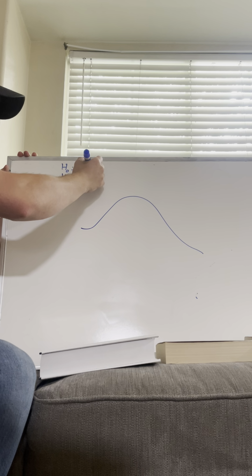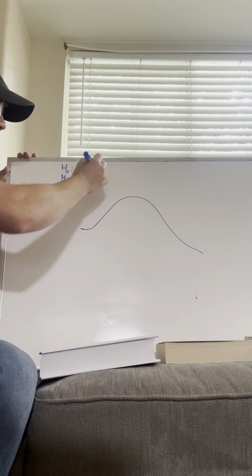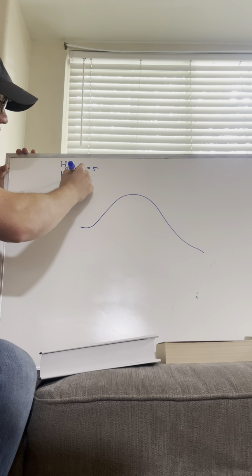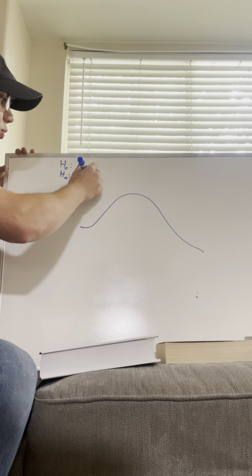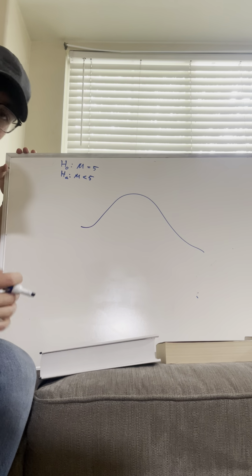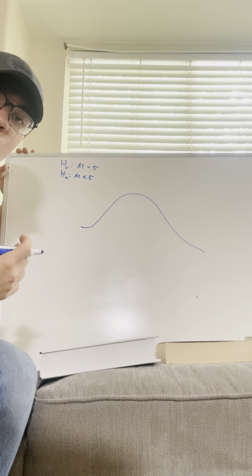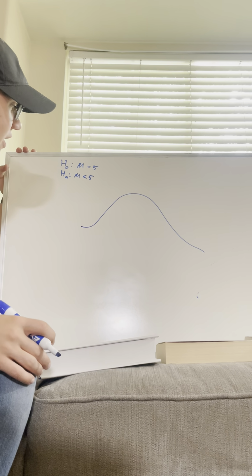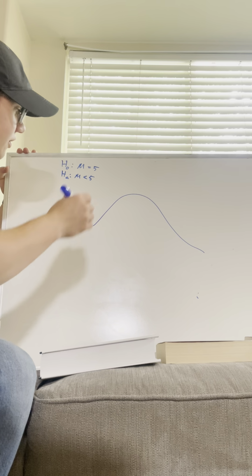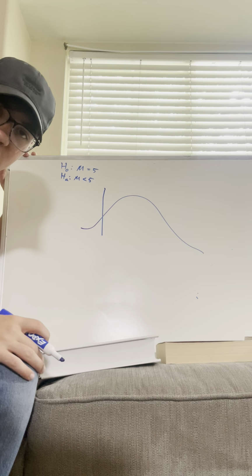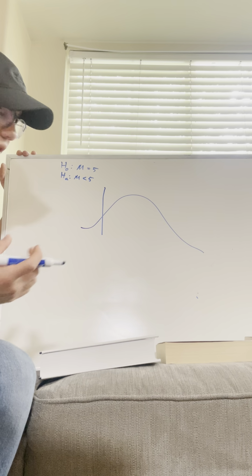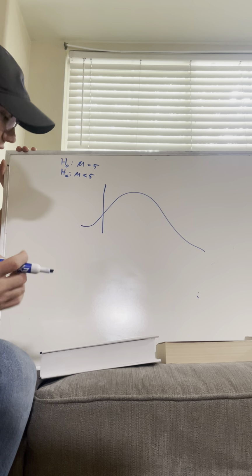So if our null hypothesis was that mu equals 5, and our alternative hypothesis was that mu was less than 5, that indicates to us that we're doing a one-sided test, focused on the bottom end of the distribution. So we're looking for the likelihood that mu is less than 5.